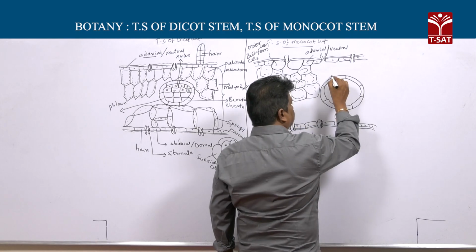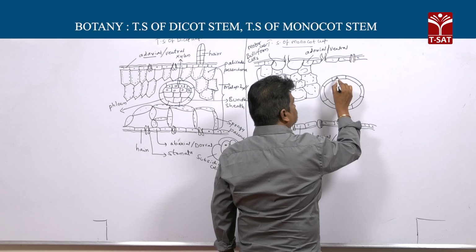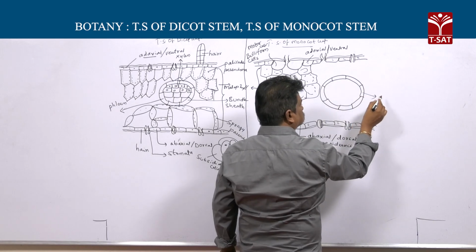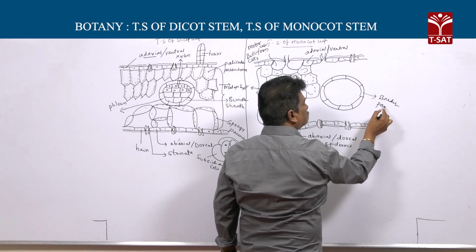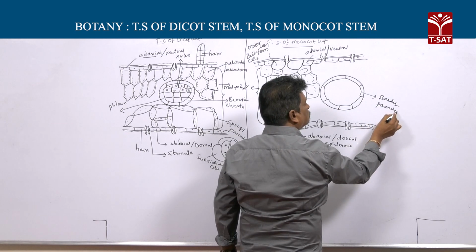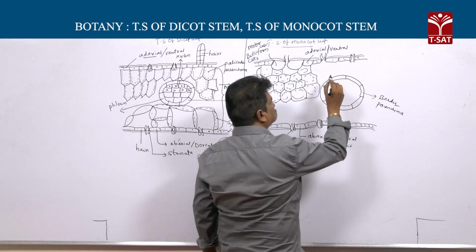Generally in monocot leaf, these vascular bundles are surrounded by a sheath called bundle sheath or border parenchyma.